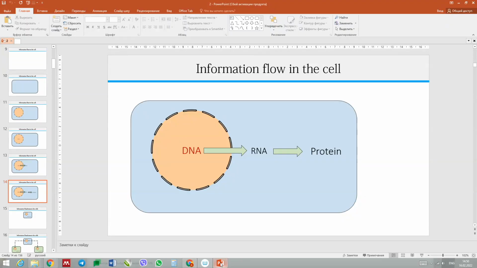And this information is essentially located in the DNA, and then it is brought from the nucleus into the cytoplasm with the help of RNA as a transport system. So RNA is a kind of transport system for information from DNA into the cytoplasm. And this transport system brings us the information that is necessary to know how to construct a certain protein.